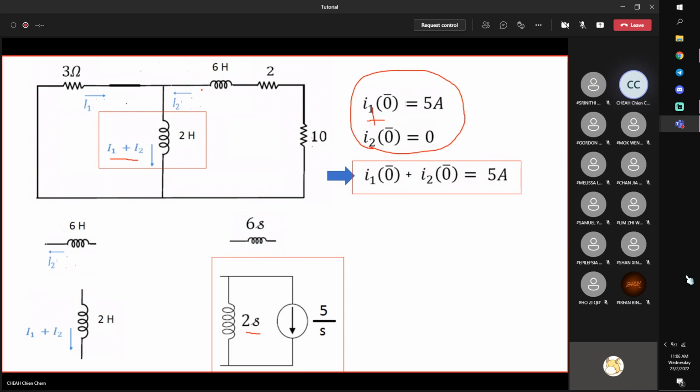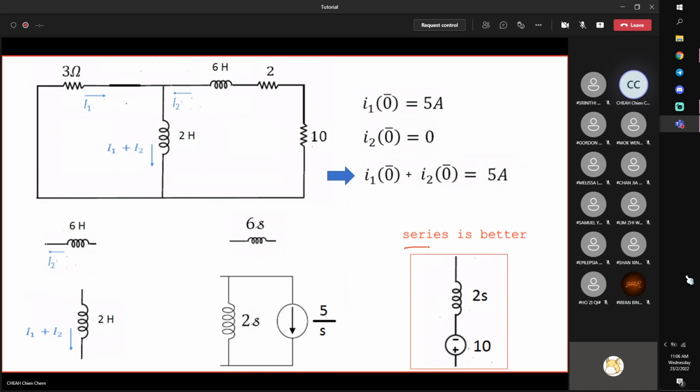Now, if you put this over here, let's imagine that you put this here with a current source, then you created one more mesh, correct? One more mesh. So this is not advisable. Series is better. That's where you will use source transformation. Transform it into series. How do we do that? Ohm's law, just Ohm's law.